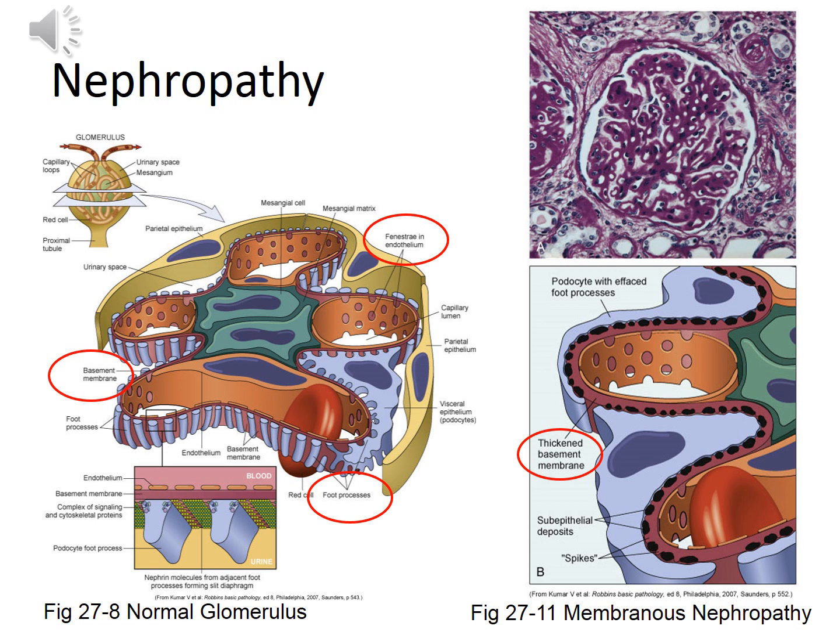If we look at the right-hand side, this is actually a membranous nephropathy, figure 27-11 out of your textbook. Now our podocytes are effaced. They've surrounded an area, there's a thickened basement membrane, and we've got a sclerotic area in there.